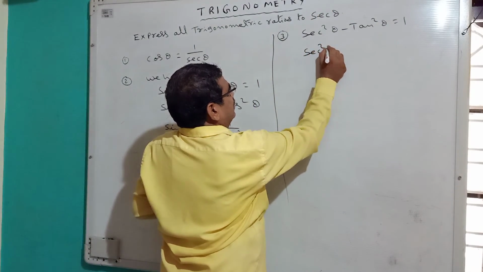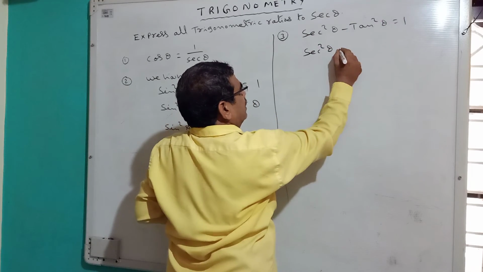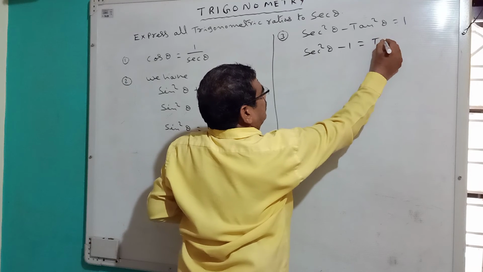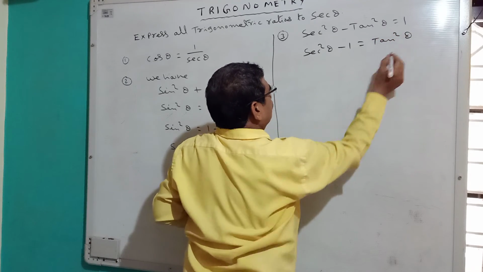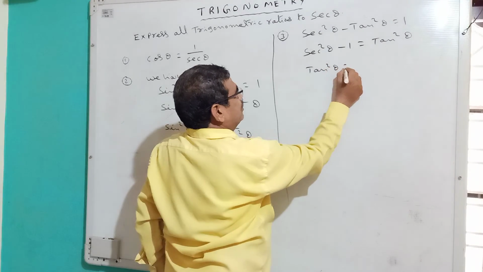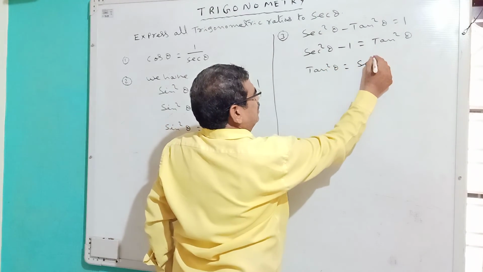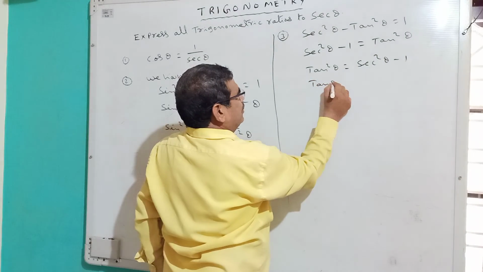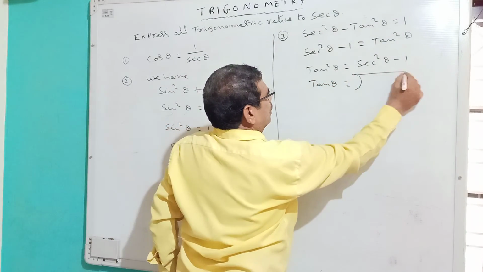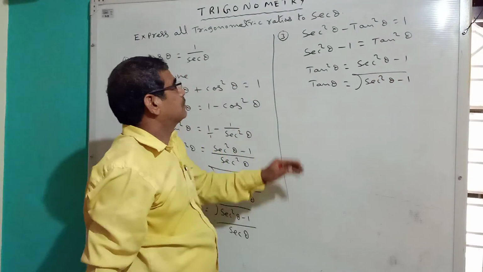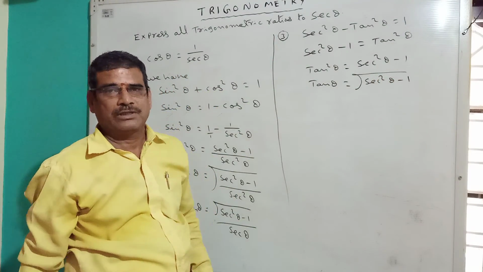Secant square theta minus 1 is equal to tan square theta. So tan square theta is equal to secant square theta minus 1. Tan theta is equal to root of secant square theta minus 1. So tan is also converted to secant.